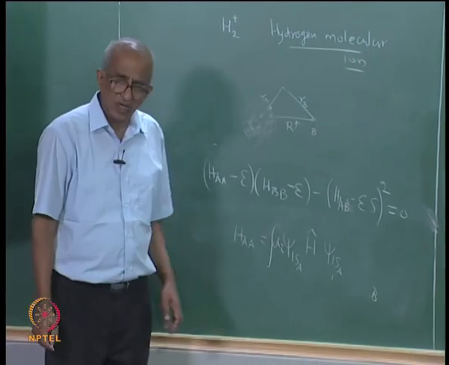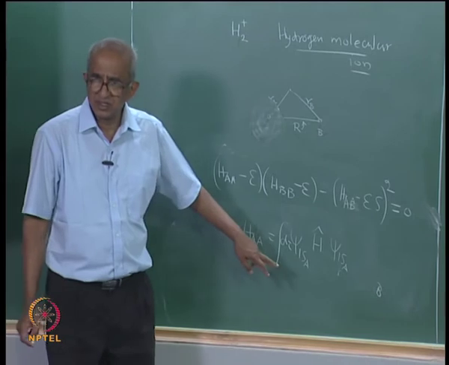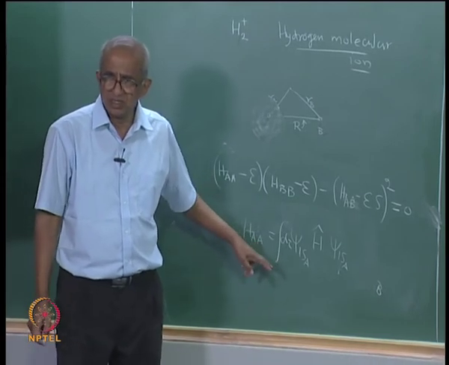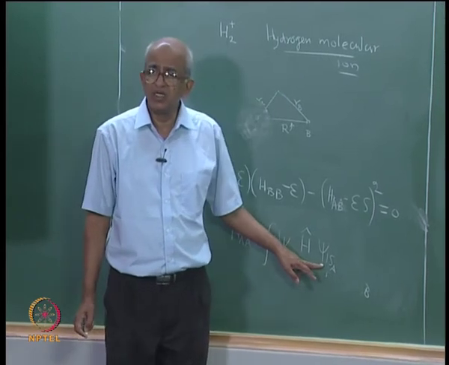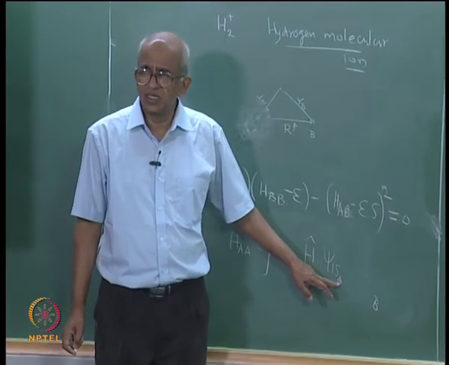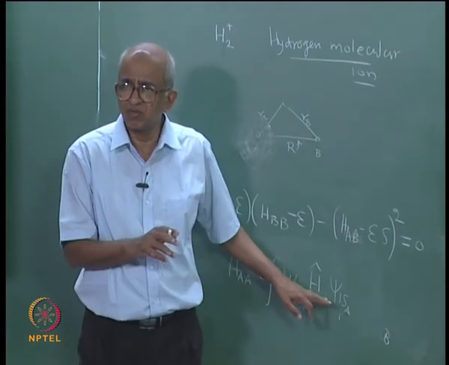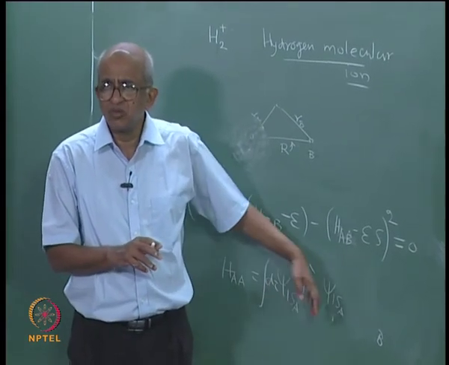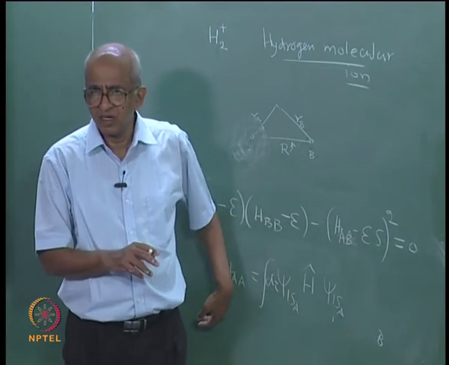So, HAA would be the expectation value of the Hamiltonian if the wave function for the electron was psi 1sa. That means, if you imagine somehow you are able to confine the electron to psi 1sa, then this would be an estimate of the energy of that electron, correct.